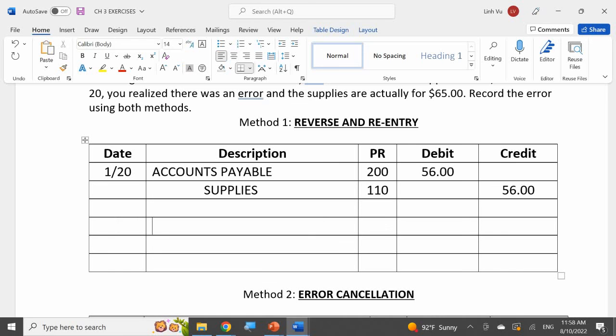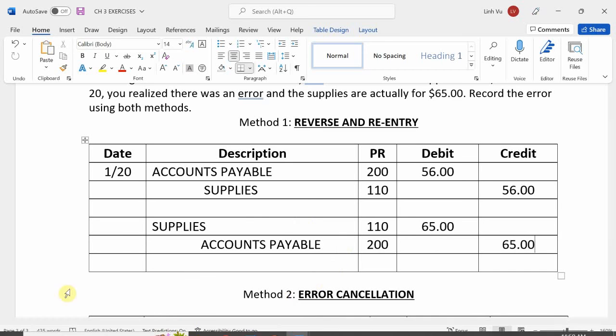Now you need to re-enter the transaction with the correct amount. So the supplies would be first, for how much? $65. Good. And then you're going to also put in Accounts Payable, which would be a credit. Good.